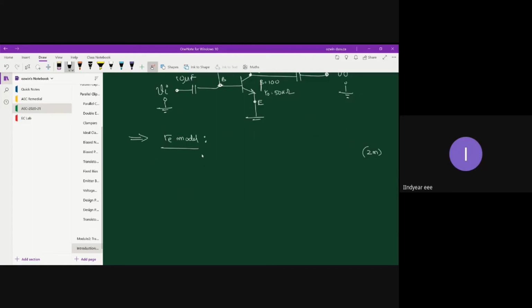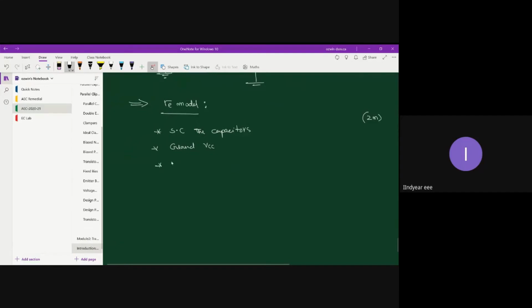You don't have to write down the steps, such as ground VCC and short circuit capacitors. You can directly apply those steps. So I will short circuit the capacitors, SC is short circuit. Next, ground VCC, and then let me redraw the circuit.